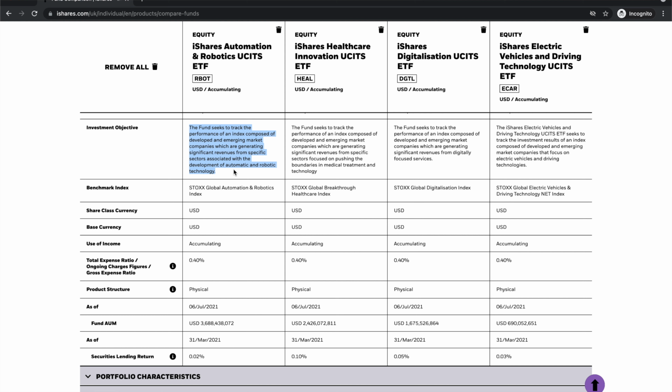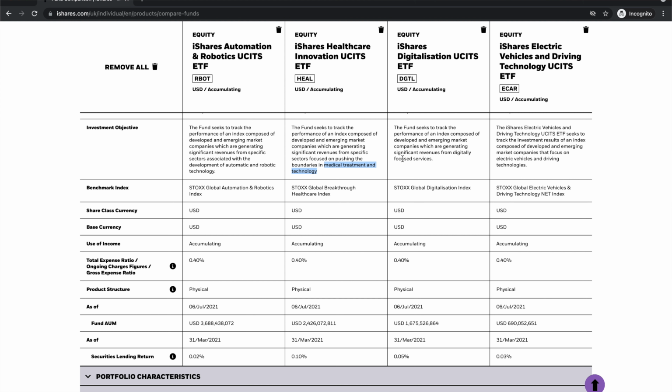So the first one, the automation and robotics, tracks the performance of an index composed of developed and emerging markets companies which are generating revenues from specific sectors associated with the development of automation and robotic technology. Then the healthcare one is pretty much a similar description and objective, but it tracks a different index, so an index that is now associated with companies that generate revenue from medical treatment and technology.